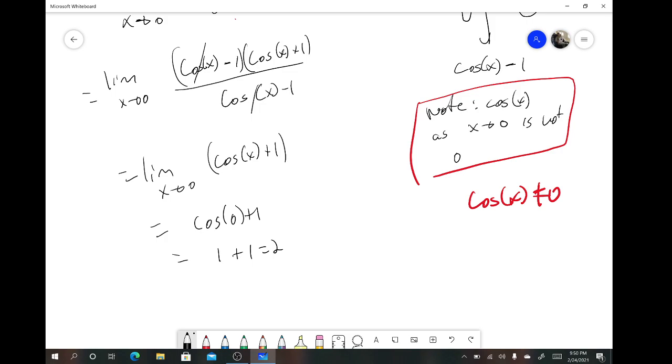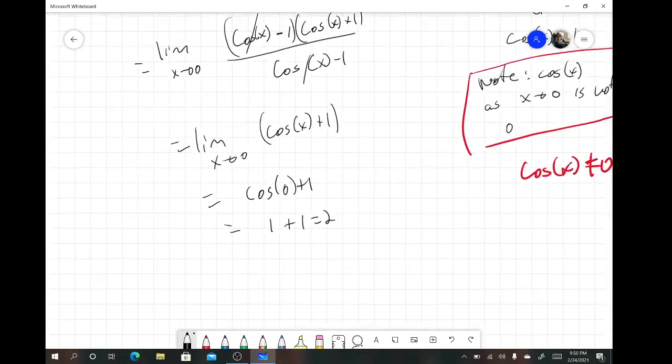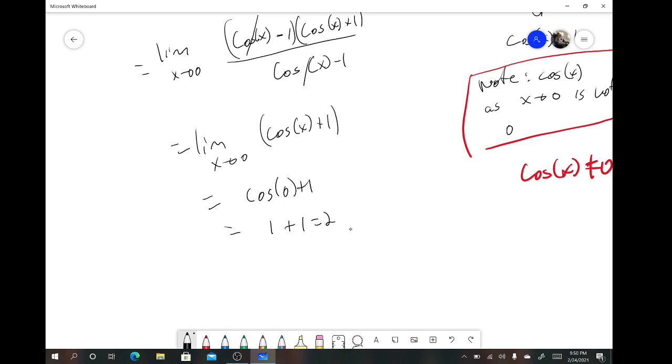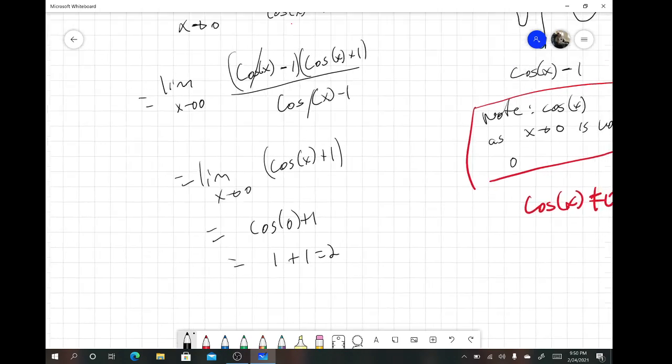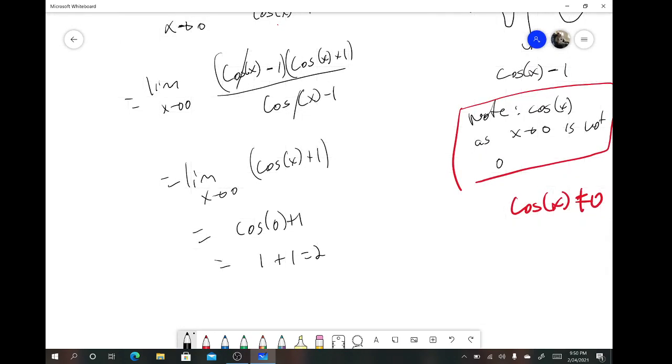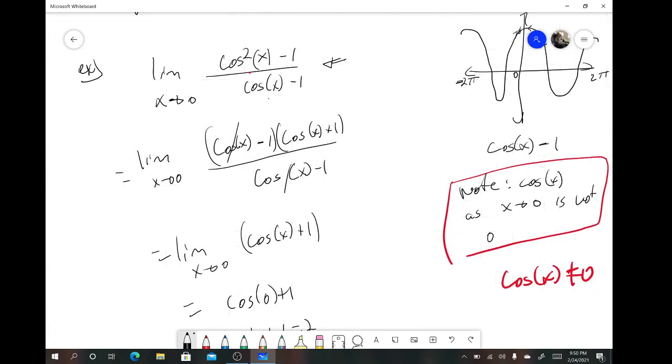So this limit is actually going to be equal to 2. So we have actually found what the limit is. Now the limit exists, so we are good to go.